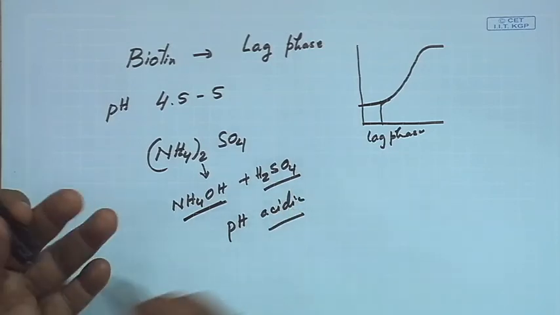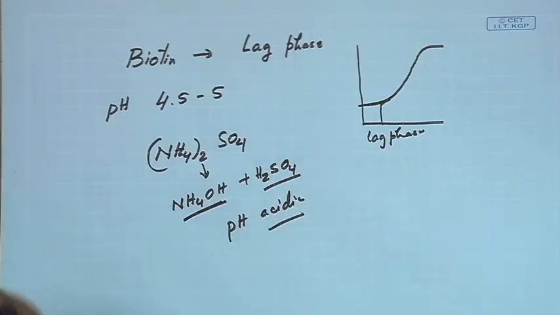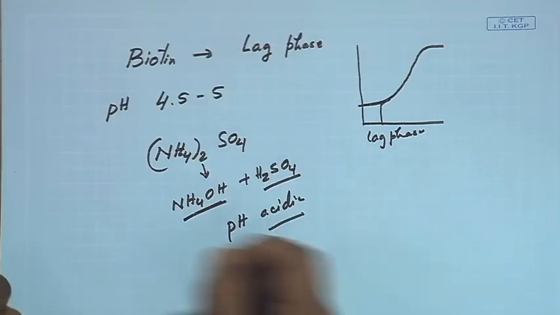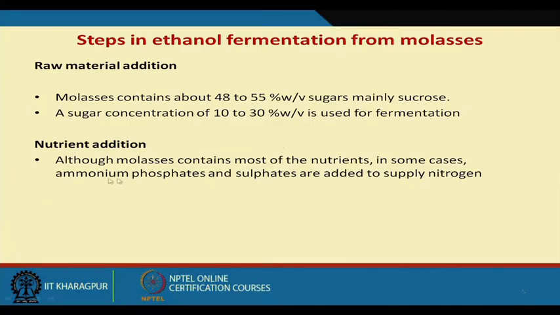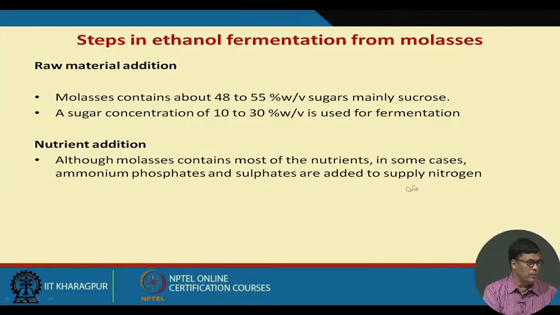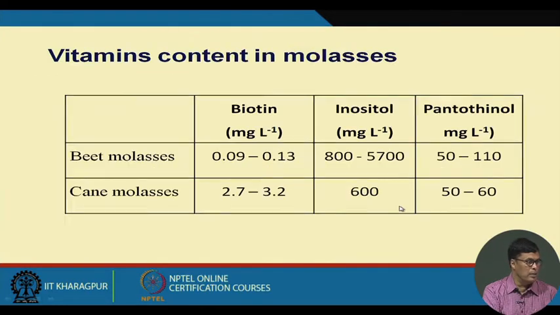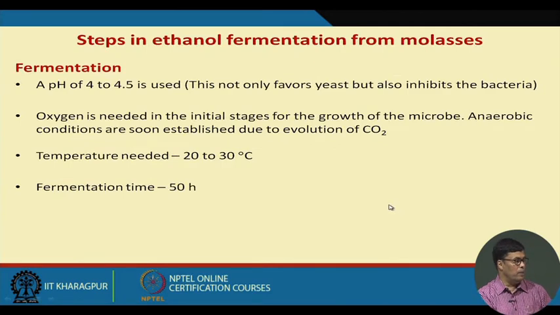So you don't have to add some acid to maintain the pH. Automatically the pH will be acidic. So that is why ammonium sulfate, usually prescribed as a nitrogen source, is greatly used for the yeast fermentation process. Now I told you the pH of 4 to 4.5 is used.